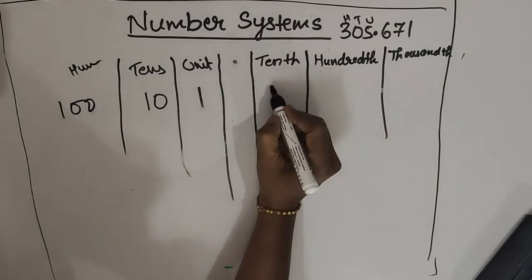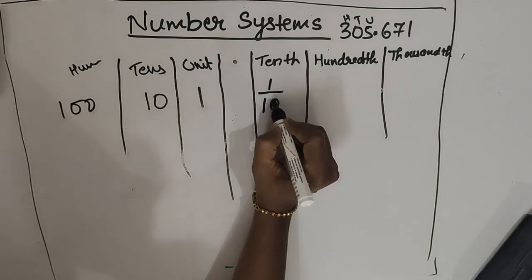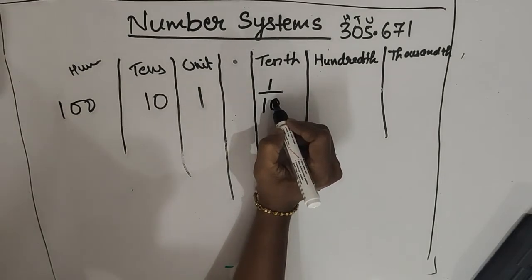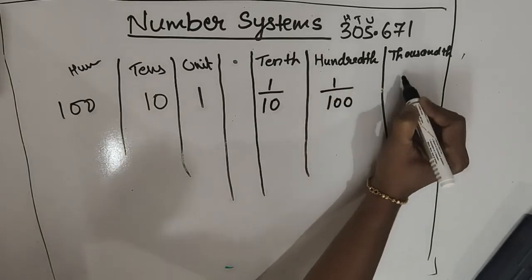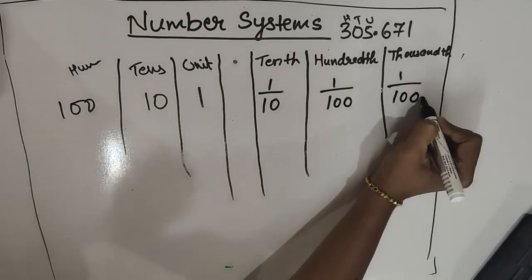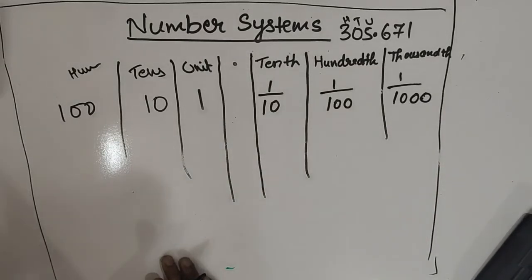What about the place values after the decimal? This is 1 by 10, not 10. After the decimal point, the value of the tenth place is 1 by 10, then 1 by 100, 1 by 1000. You must know this one.